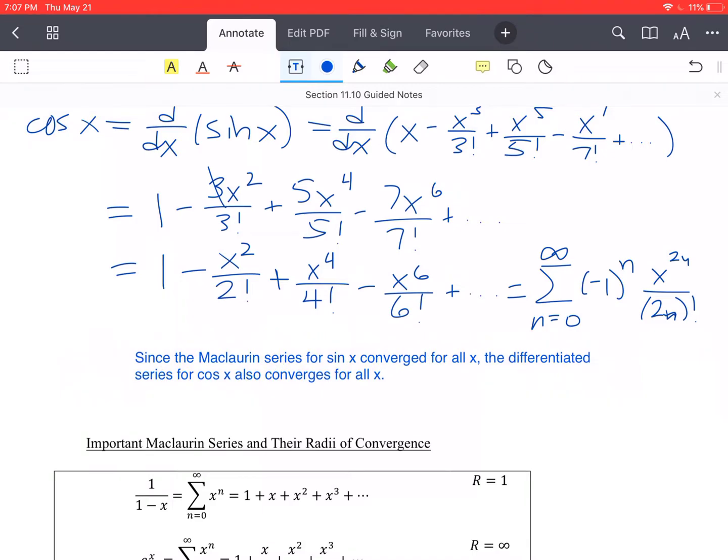Alright, so there we have our Maclaurin series for cosine of x, and it's convergent for all real numbers.